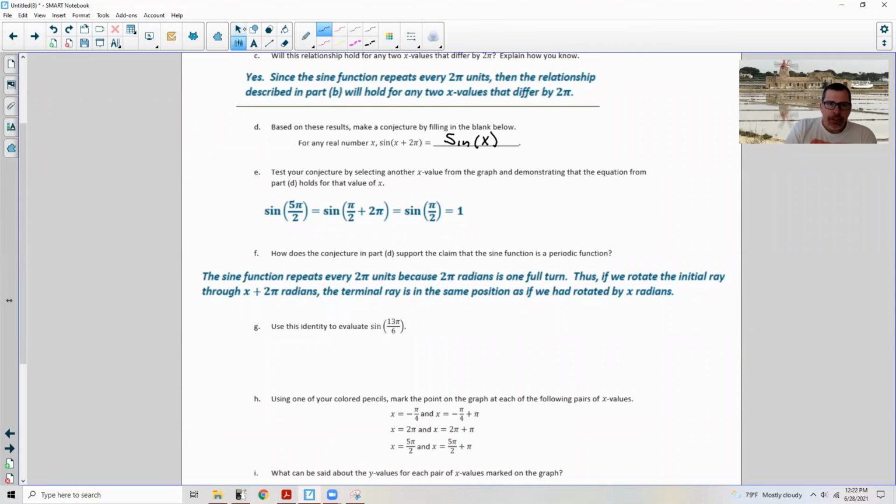Now, I keep going back to the graph and the unit circle, but if you just think about this, what is 1 full rotation? 1 full rotation is 2 pi. If I have certain denominators, how many of those denominators do I need to make 2 pi?